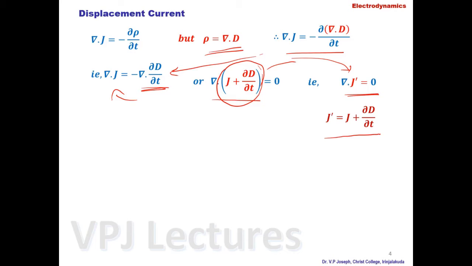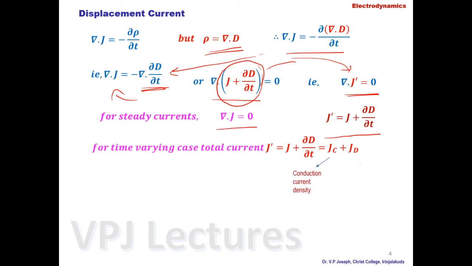So del dot J dash is equal to 0 is similar to the equation for the steady current. For the steady current, we have del dot J is equal to 0, and here it is del dot J dash is equal to 0. So for time varying cases, we have J dash is equal to J plus dou D by dou t, and the second part is dou D by dou t.